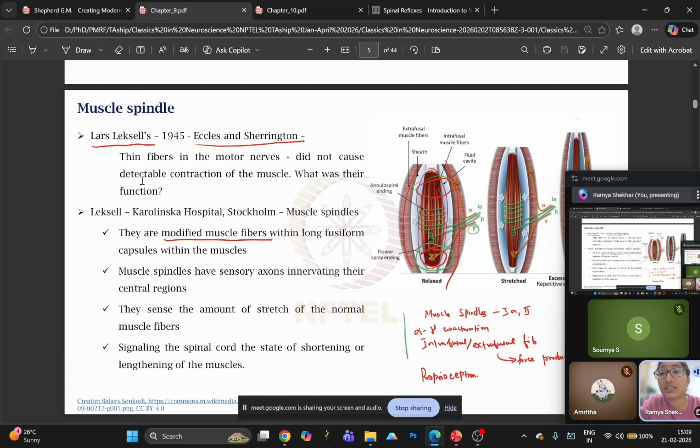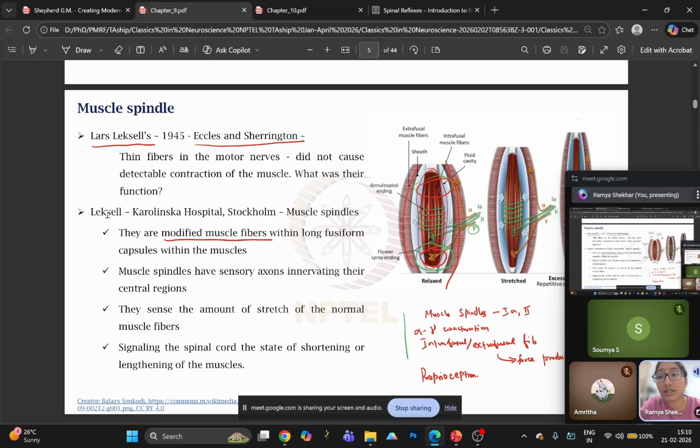Now, Lars Leksell wanted to follow that up. Lars Leksell was in Sweden, right? He was at the Karolinska Hospital in Stockholm, and Sweden was relatively not as affected by the world war that was happening at that time as compared to the other countries.